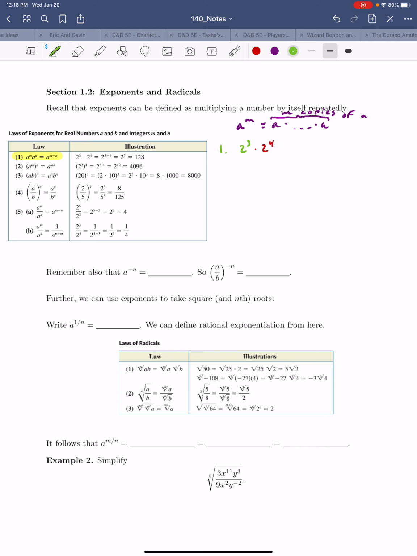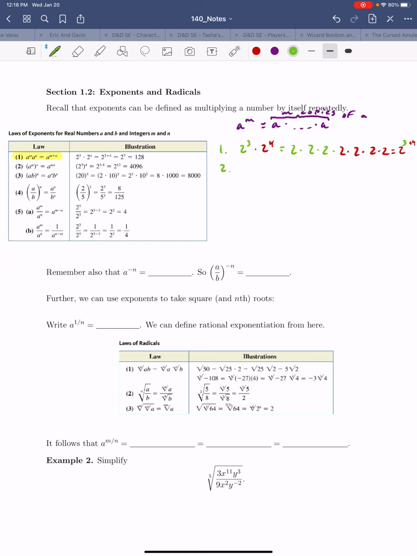Well, keep in mind that that's just 2 times 2 times 2 times 2 times 2 times 2 times 2, right? And then that's clearly 2 to the 3 plus 4.